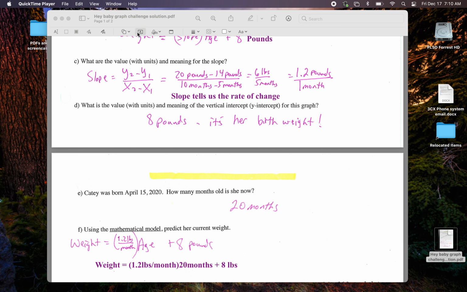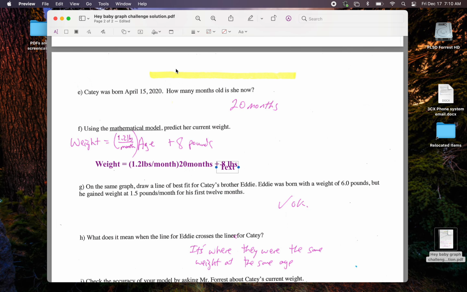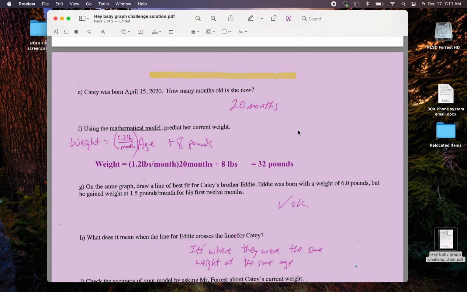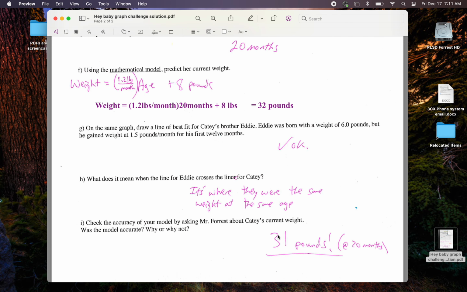And that actually would equal 32 pounds. Okay, so that is her current predicted weight based on the mathematical model. She actually weighs 31 pounds.